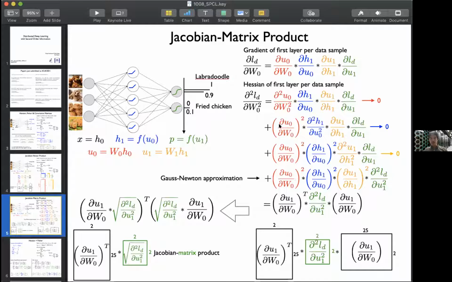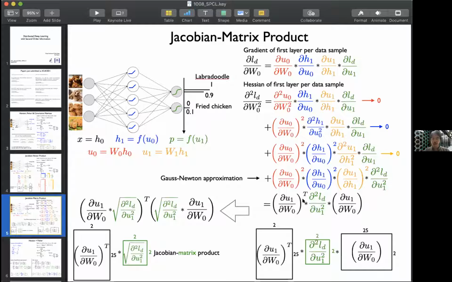If these things were all matrices, you'd have to have a transpose here and then multiply the non-transpose version from the right side like this. So it has a symmetric shape, but anyway, it has this u1 derivative with respect to w0 squared. Since it's being multiplied from both sides, it's squared, times the second order derivative of the loss function with respect to u1, which is the pre-softmax, if you may.